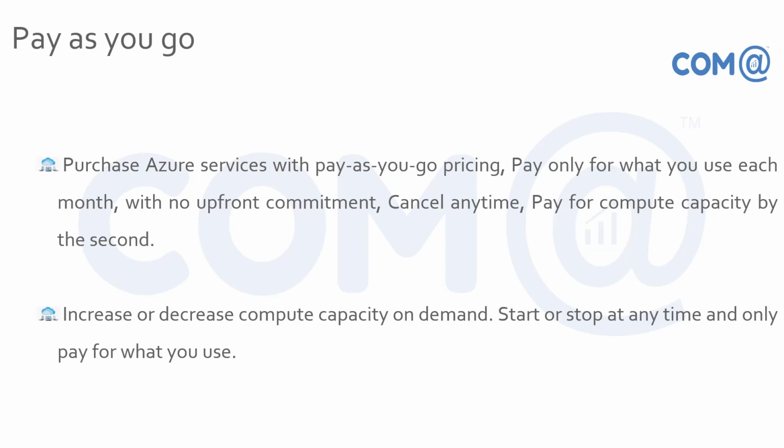Pay only for what you use each month with no upfront commitment, and you can cancel the resources at any time, and you can pay for the computing capacity by the second. It means the resource utilization is calculated second by second, and you can increase or decrease the compute capacity on demand. You can start or stop at any time and only pay for what you use.